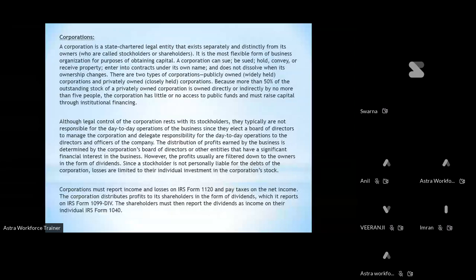Corporations. A corporation is a state-chartered legal entity that exists separately and distinctly from its owners, who are called stockholders or shareholders. It is the most flexible form of business organization for purposes of obtaining capital. A corporation can be sued, hold, convey, or receive property, enter into contracts under its own name, and does not dissolve when its ownership changes.